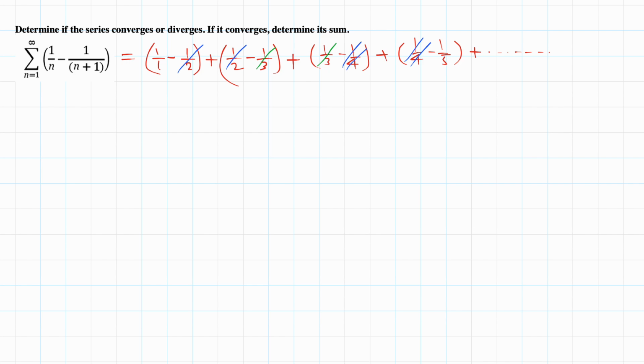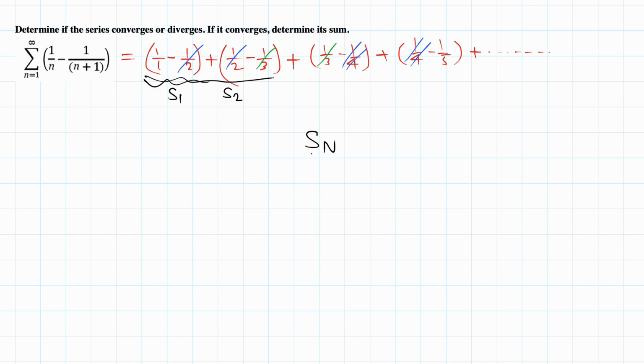series. To find the sum, or to check if it converges or diverges, we need to find the nth partial sum. This one is the sum of the first term, just the first term, and if we write down these two, that would be the sum of the first two terms, which we denote by S2. If we take the first three, etc., we want to find the sum of the first n terms.